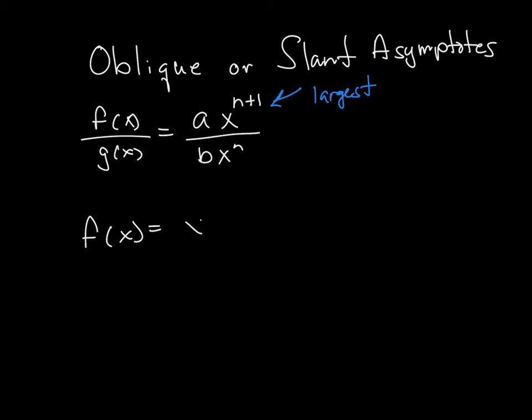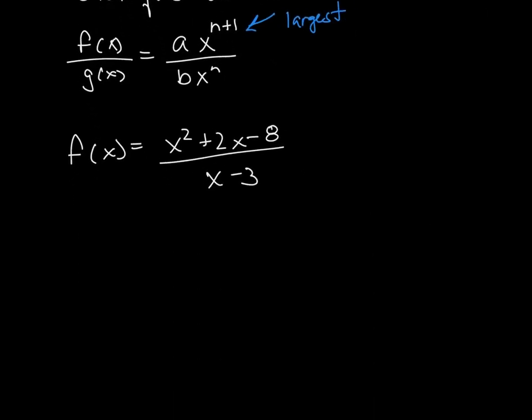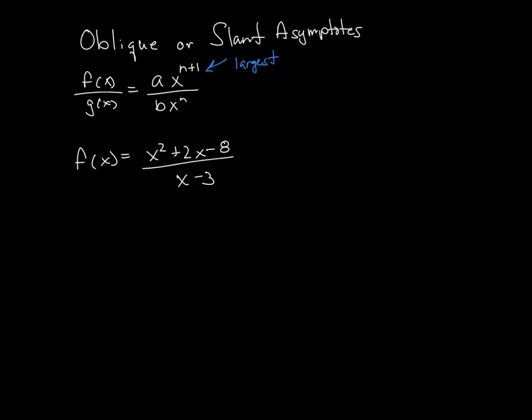So if I start off with x squared plus 2x minus 8 all over x minus 3, to find the slant asymptote, you have to divide. So x minus 3 is in the denominator, which makes it our divisor. So I have x squared plus 2x minus 8.